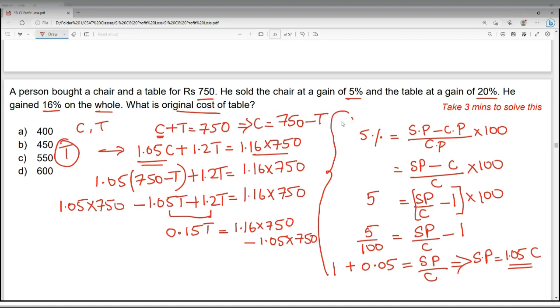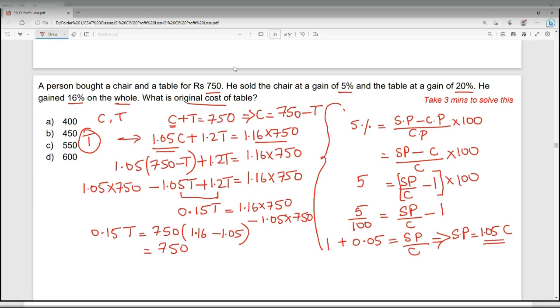So I have 0.15T is equal to, if I take 750 common, 1.16 minus 1.05. And this is equal to 750 into, 1.16 minus 1.05 is 0.11, and this is 0.15T.